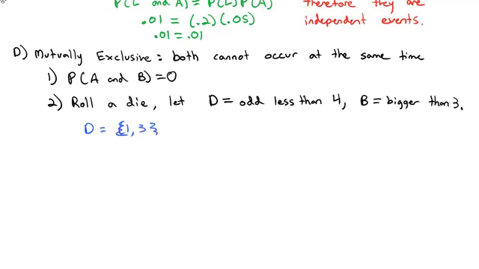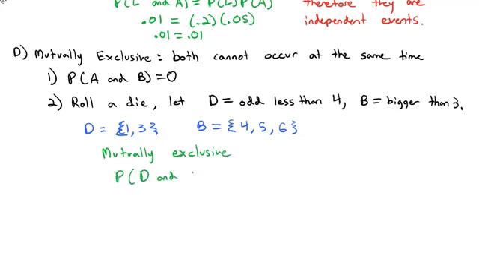That's kind of the sample space of D. And the event B is everything bigger than 3, which is 4, 5, and 6. These two have nothing in common. You can't both be an odd less than 4 and a number bigger than 3. Because we can't have both together, we say they are mutually exclusive. In other words, the probability that we have an odd less than 4 and a number bigger than 3 is equal to 0. That never happens.